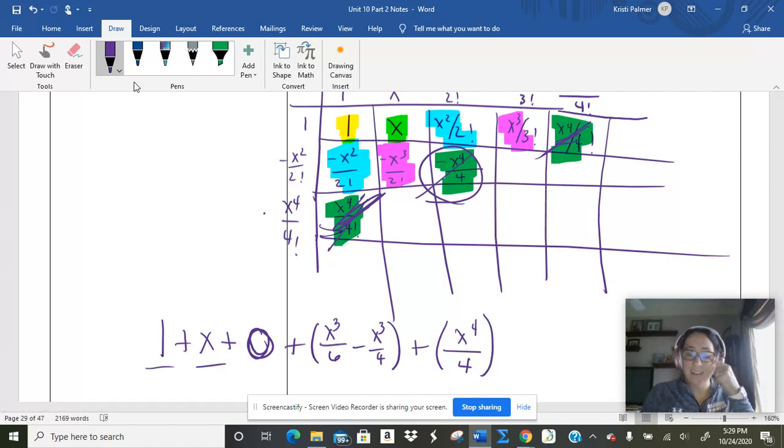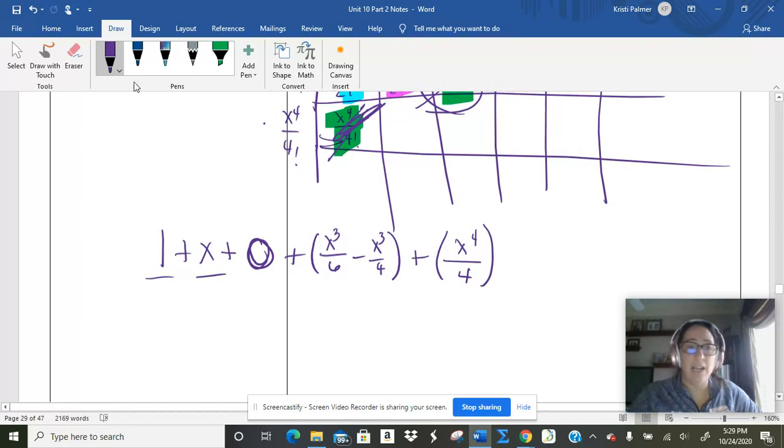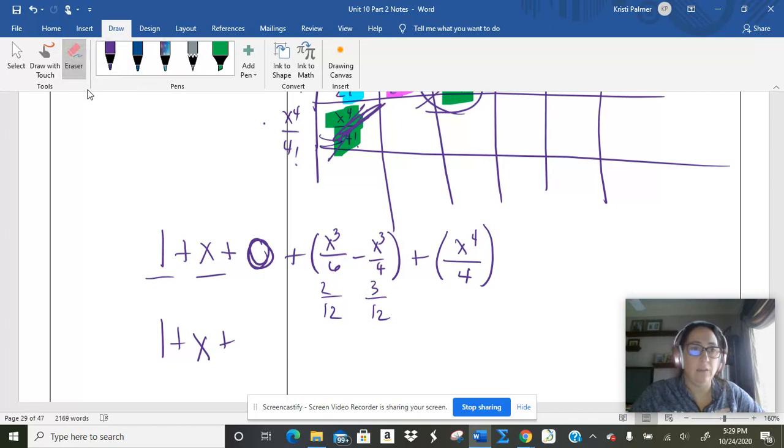Oh, yay, look. Sweet. So I have this 1 plus x plus, let's get a common denominator here, what, 12? So that's a 2. 12, that's a 3. So that would be actually minus 2, 12, 2, 3.